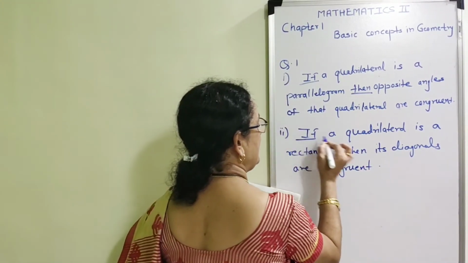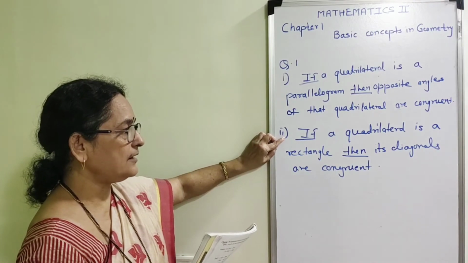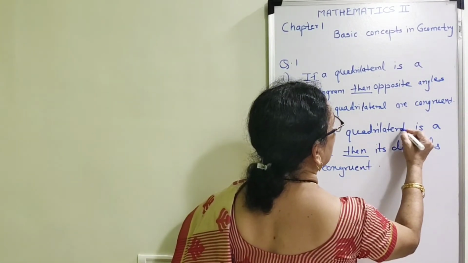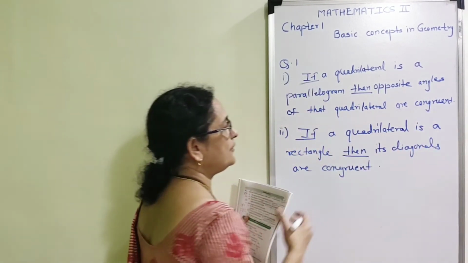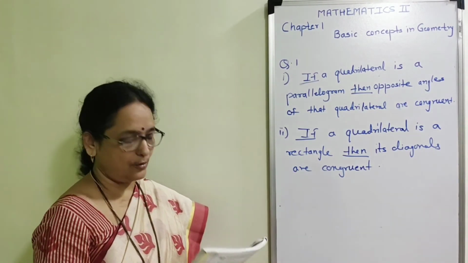This is the if part and this one is the then part. If a quadrilateral is a rectangle, then its diagonals are congruent.